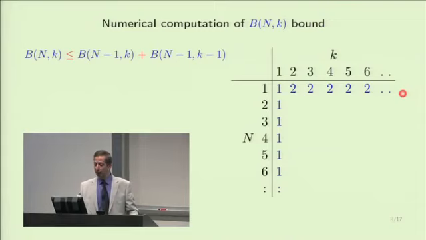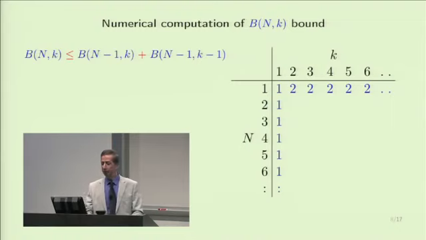Okay? Now, I covered the boundary conditions, and that's really all I need to complete the entire table, given the nature of the constraint I have. Why is that? Because that constraint looks like this. If you know the solid blue guys, I will tell you the empty blue guy. Look at n and k.